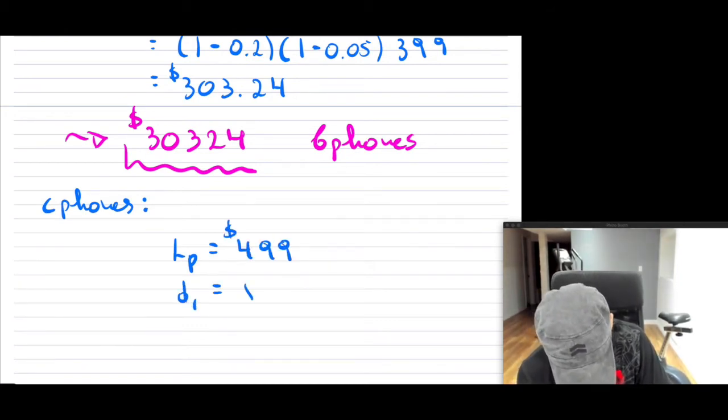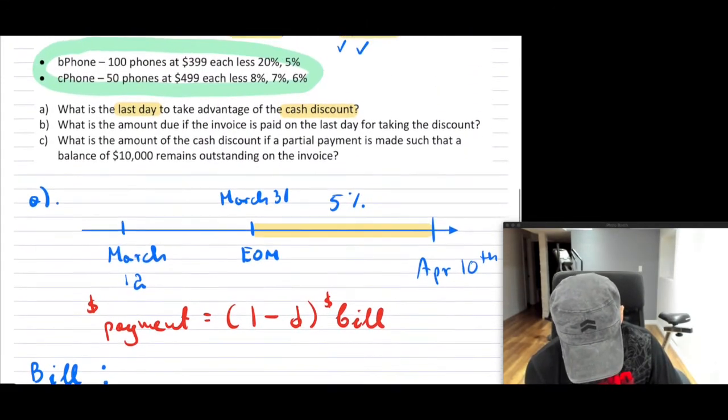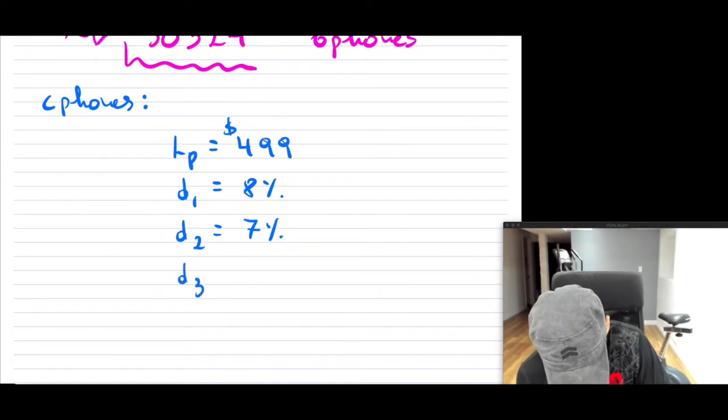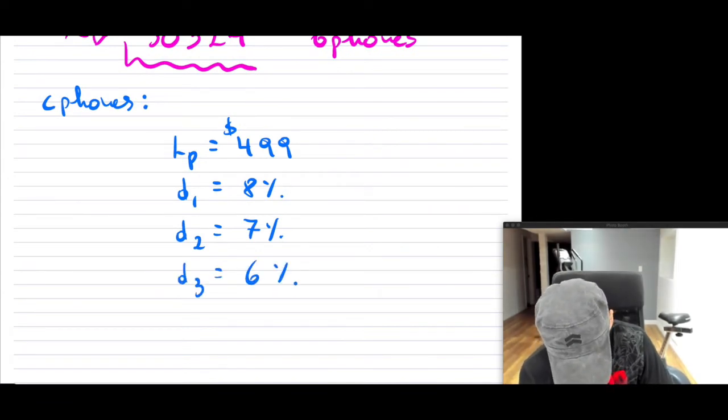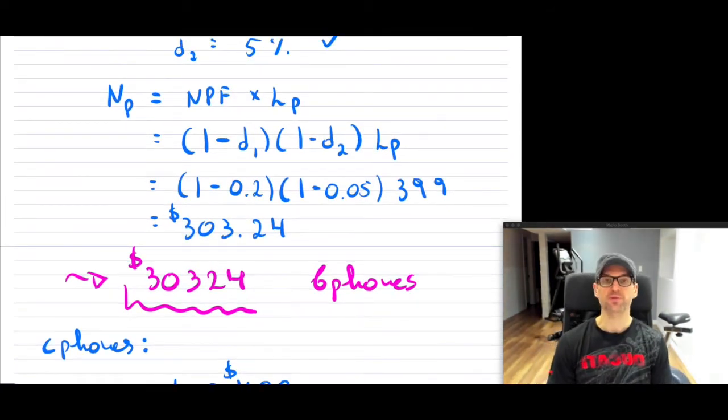Discount 1, 8%. Discount 2, 7%. I believe, let's double check. 8, 7, and 6. Discount 3, 6%. So my net price is equal to the net price factor times my list price. Now I have 3 discounts.